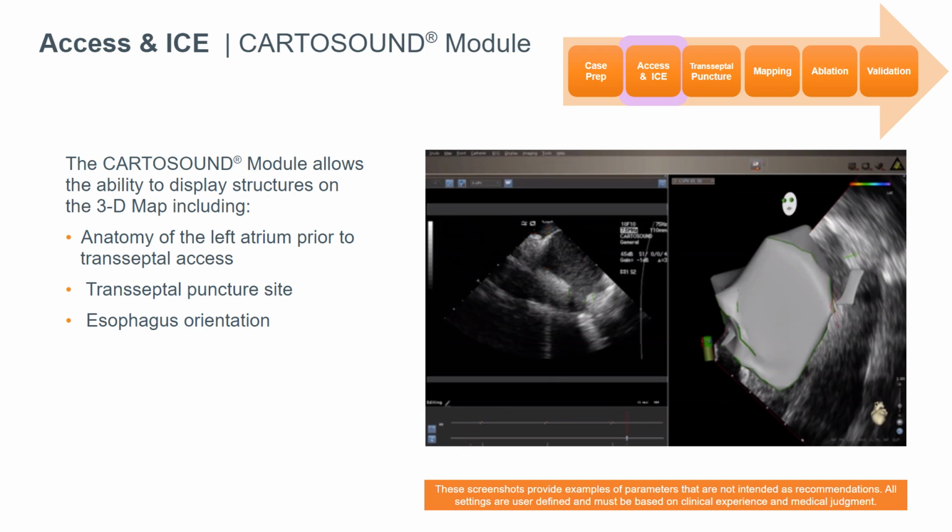The CARTOSOUND module integrates real-time intracardiac echocardiography images captured with the SoundStar ultrasound catheter and a compatible ultrasound system, accurately displaying them 3-dimensionally on the CARTO 3 system. Using this technology, 3D mapping can display anatomy of the left atrium, transseptal puncture site, and orientation of the esophagus. Watch this video to see a few of these structures now.